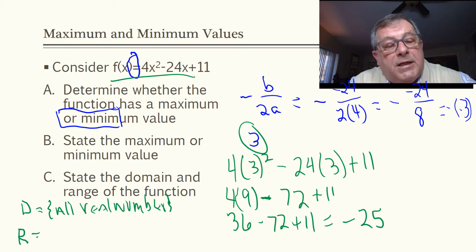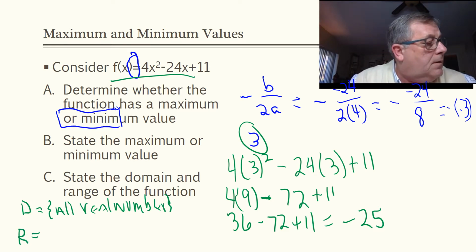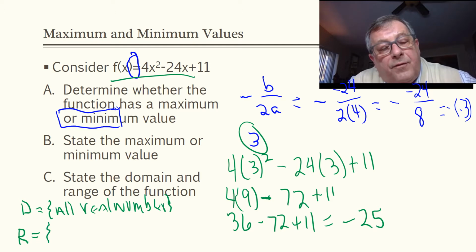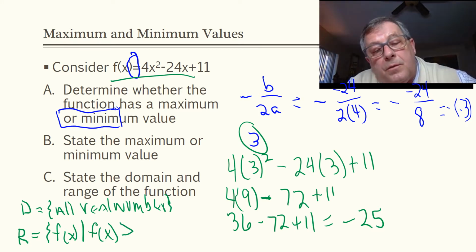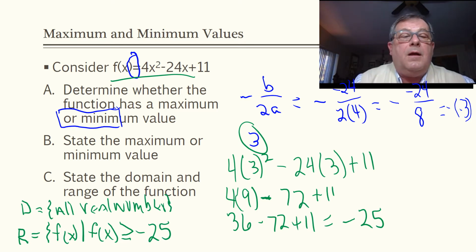So my range then is where f of x, or y you could say, such that f of x is greater than or equal to negative 25. And so there we go.